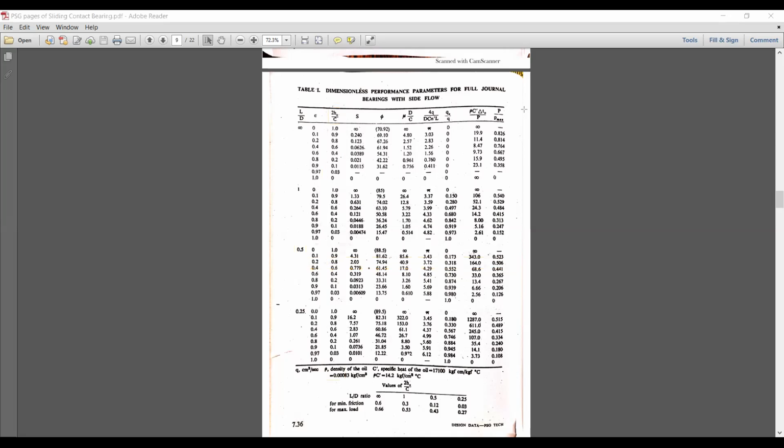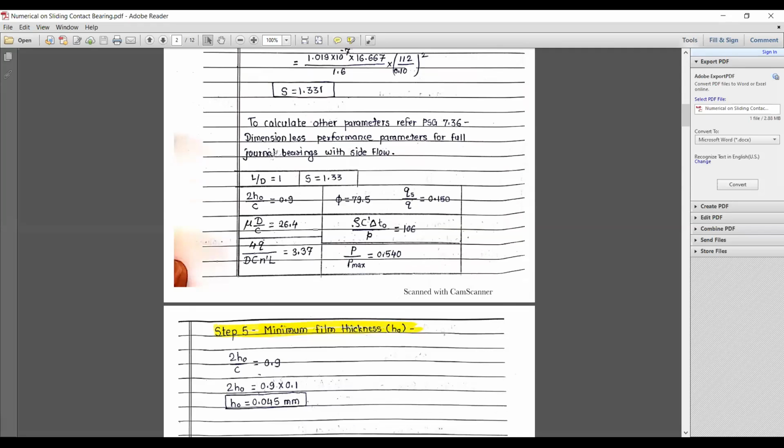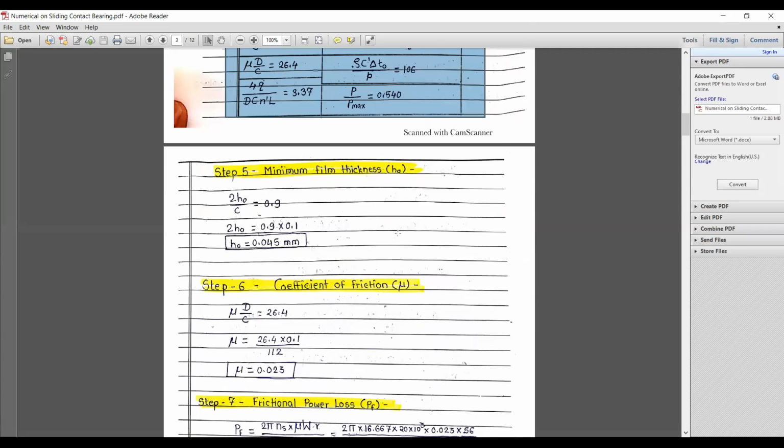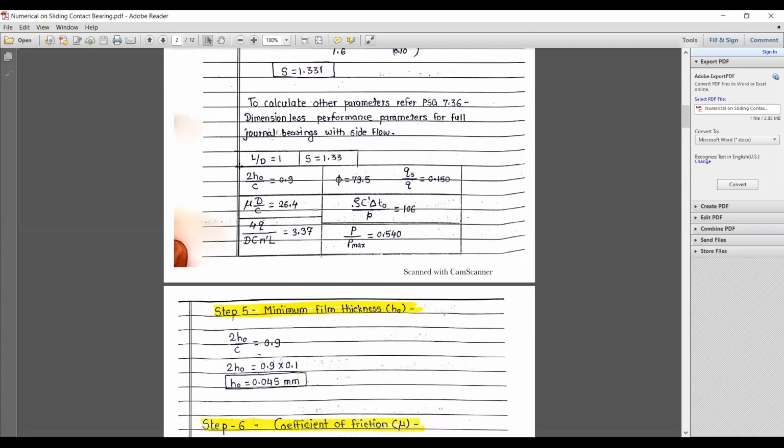Hope you understood. Note down these dimensionless parameters, which we need for further calculation. I have noted down all the parameters. Now, next, to find the minimum film thickness, it is a very easy task to calculate the other performance parameters also.